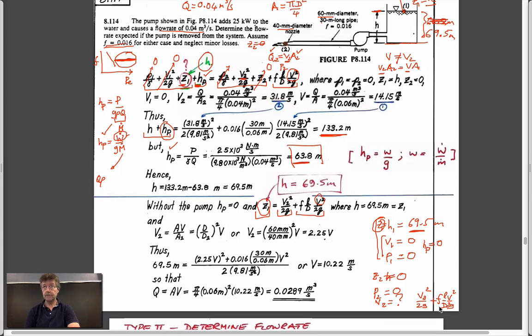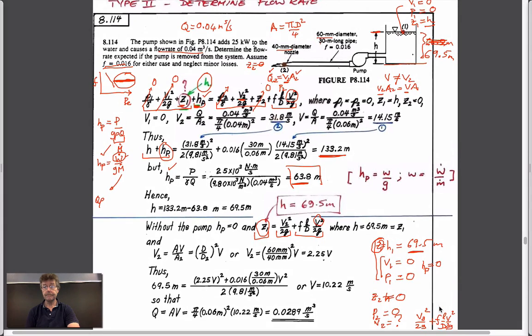All right. Alan? How do you know that a pipe is pumping water out of the tank and not into it? You don't. In this case it has to be going out of the tank because you're putting energy into the system. So HP is positive.